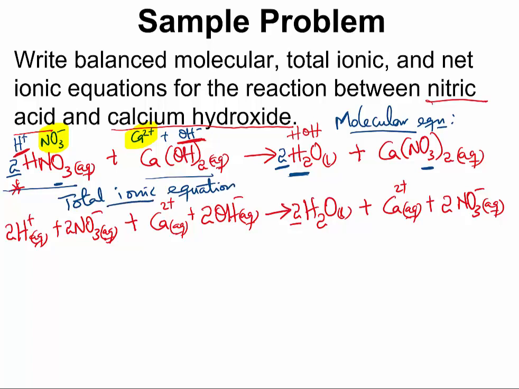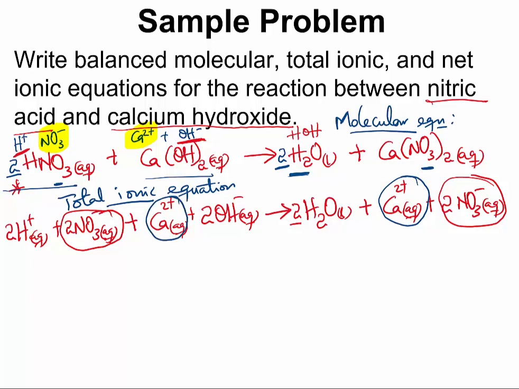Let us now write the net ionic equation. Before we can write the net ionic equation, we need to take out the spectator ions, which means the ions that occur on both sides of the equation. On both sides, we have nitrate. That means nitrate is a spectator ion. And on both sides, we have calcium ions.